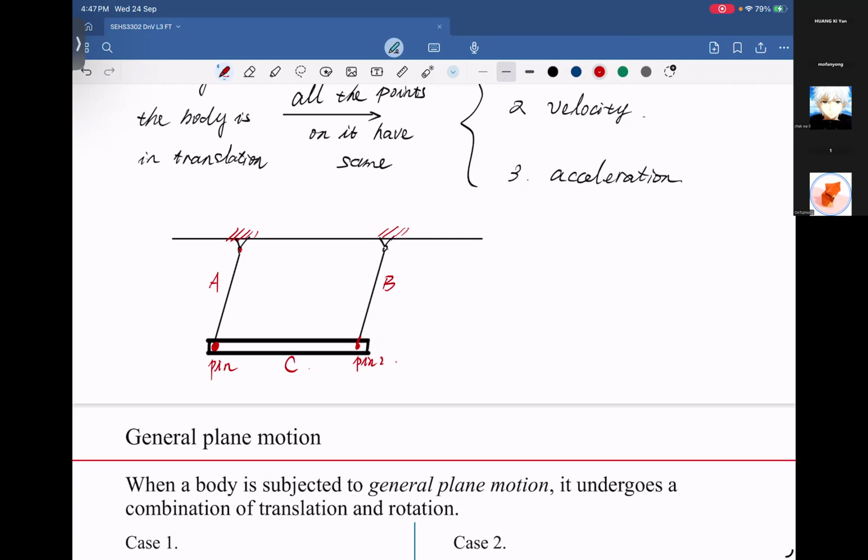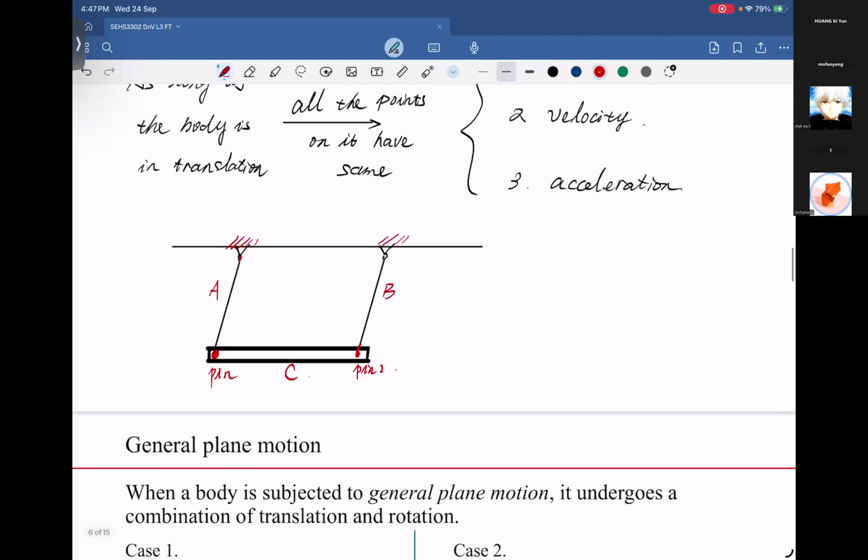Component C is in curvilinear translation.